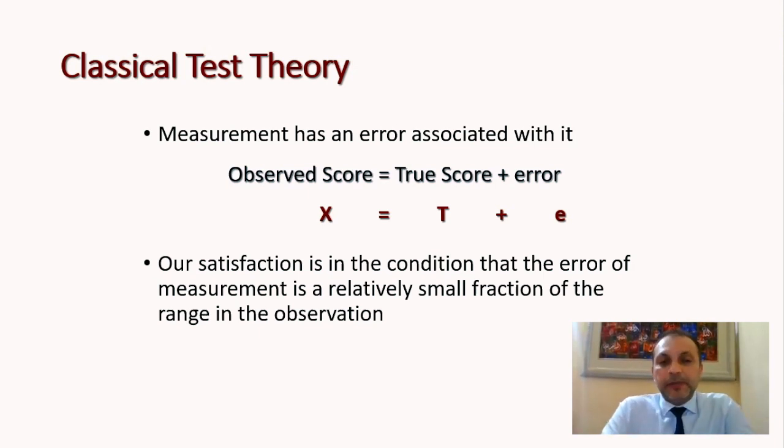For infants, for neonates, a few milligrams of error will lead to misdiagnosis, overweight or obese newborn babies. And that is why we use a different weighing scale where the error of that weighing scale is minimal, a small fraction of the range of observation.